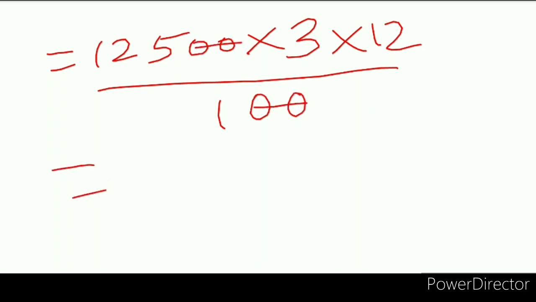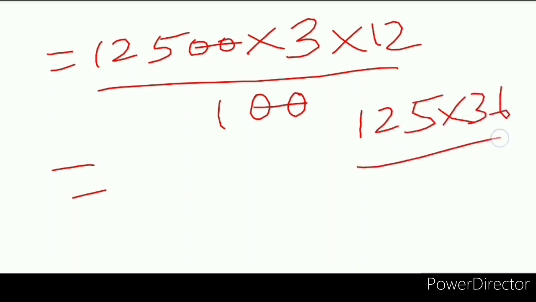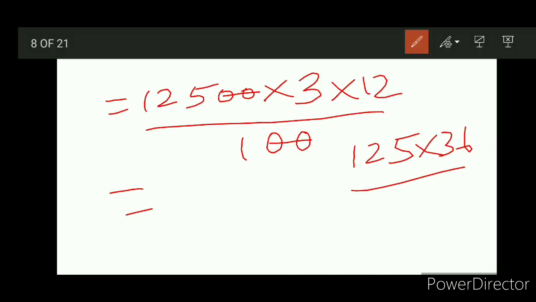If you multiply, what will you get? 12 into 3 is 36. 36 into 125. How much? 4,500. This is the simple interest.